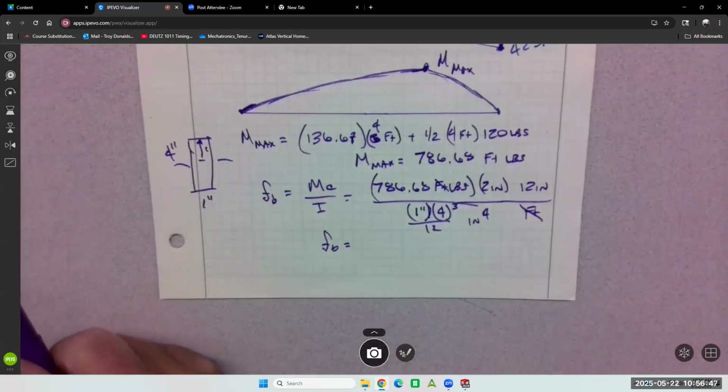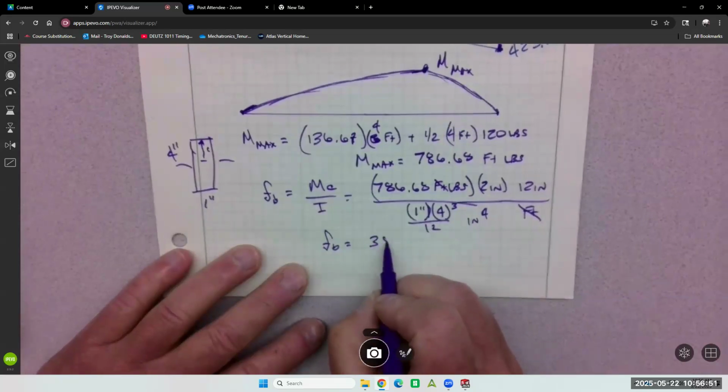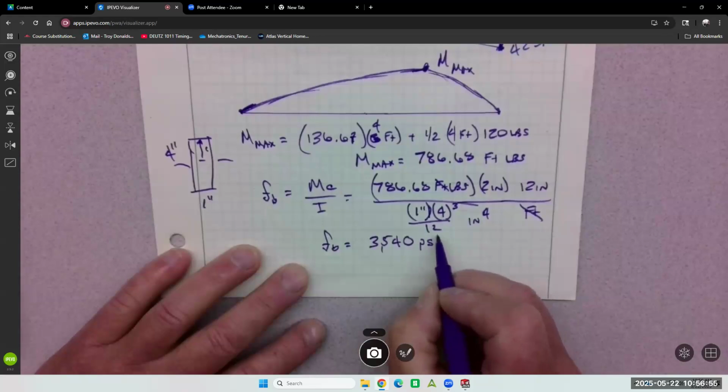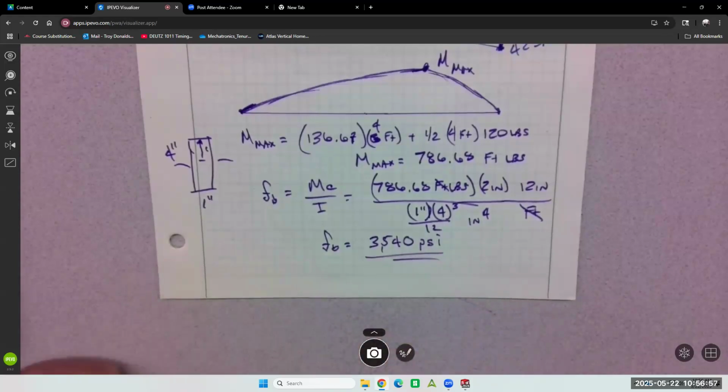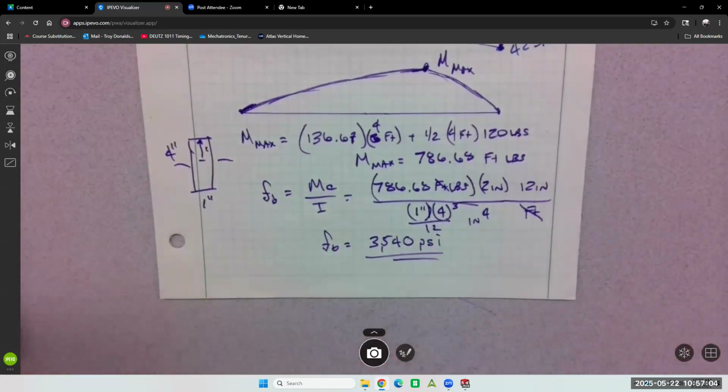I get 3540. Yeah. Because we switched that feet to inches, we got PSI, which is what we want. That's what the table's gonna give you, PSI or KSI. And if we wanted to put pounds per foot, we would have to change the bottom. Would the 12 change to 1?